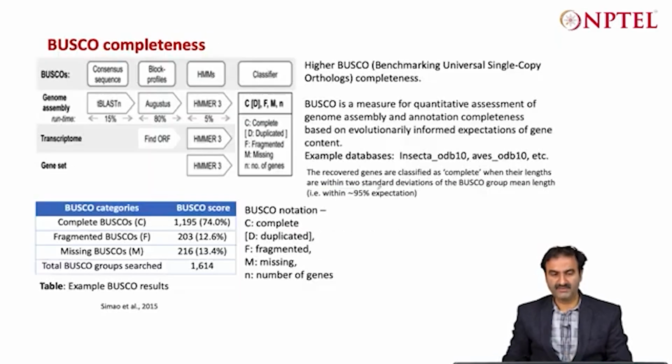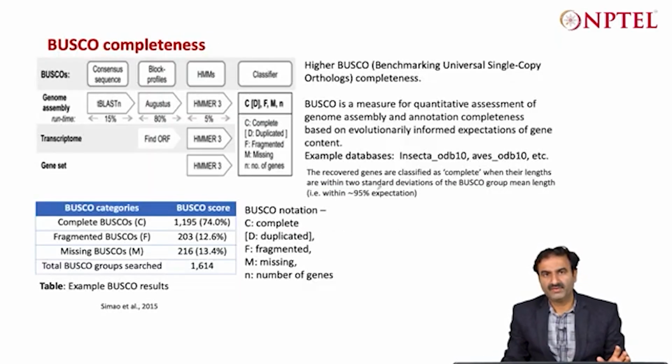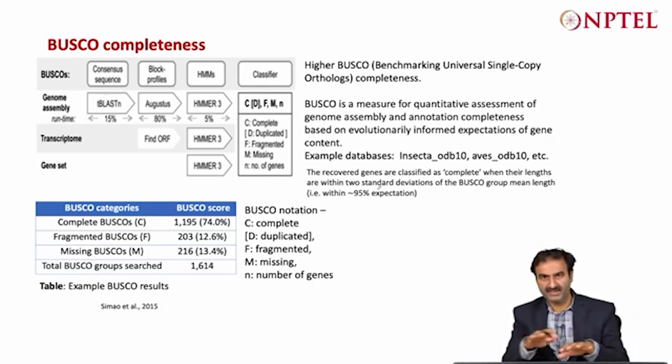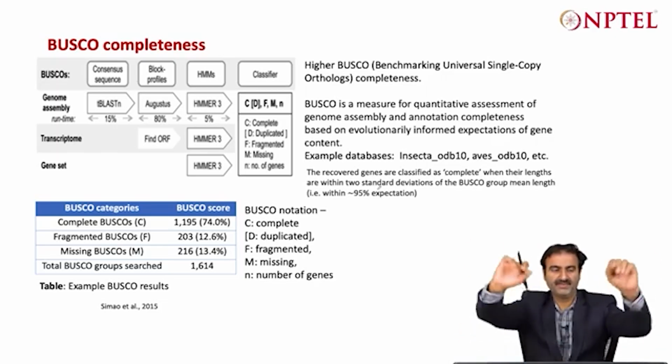So now what they have done is, with those orthologs, because they represent a set of genes that should be present in the genome, and they are randomly distributed across the different chromosomes. Okay, so it is not that they will be concentrated in one place. So basically they are present anywhere in the genome, right?